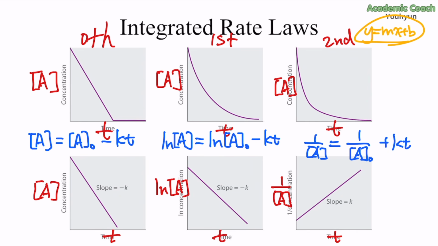So it's important for you to be able to draw all of these graphs, and it's important for you to know how to write the linear function for all of these three graphs. So three reaction orders: zeroth order, first order, and second order.